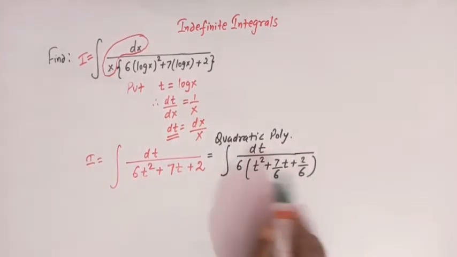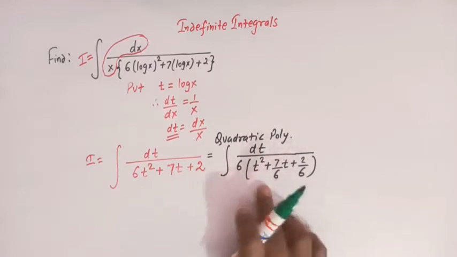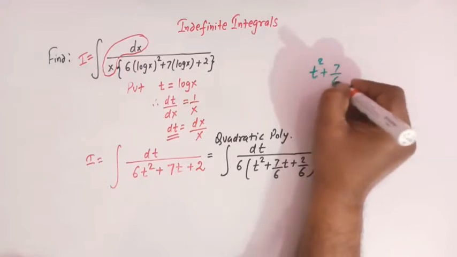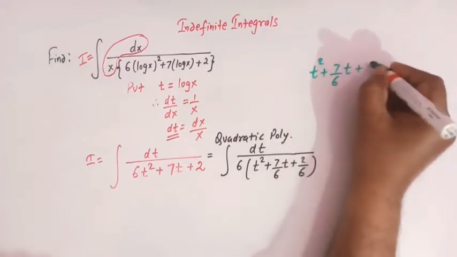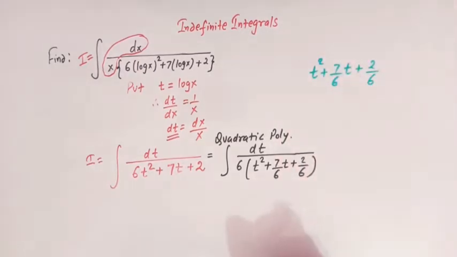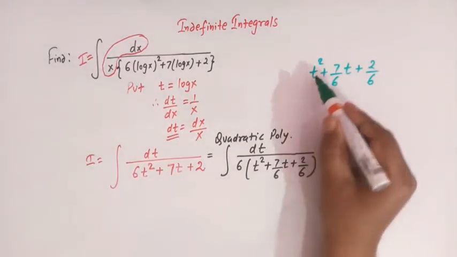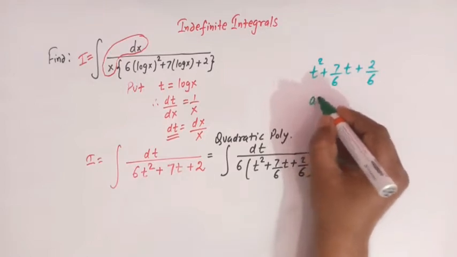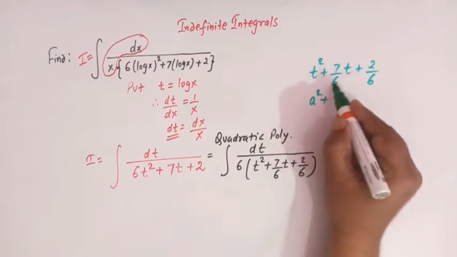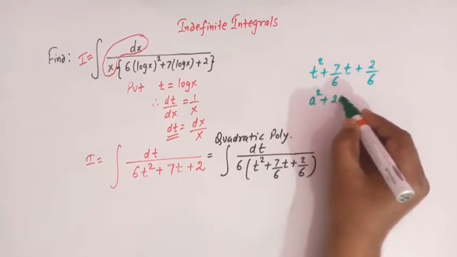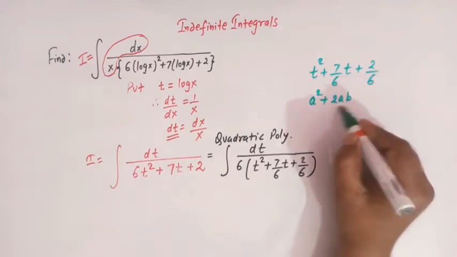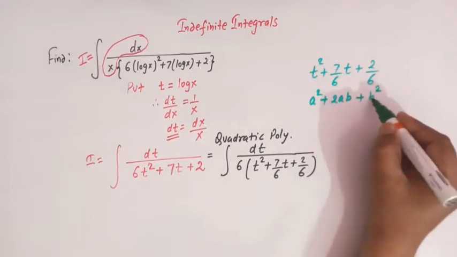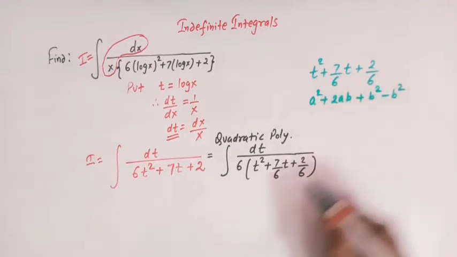Now let us concentrate on this term, t square plus 7 over 6 t plus 2 over 6. Here this term is a square, and this term is 2ab. So we have to add b square and then subtract b square.